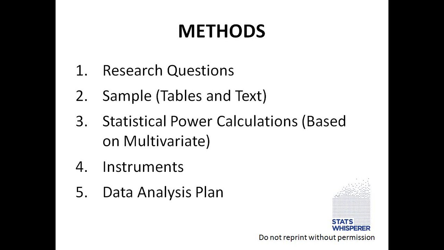Then the sample, right, because we want to provide a description of the sample, and that's often expressed in tables and text statistically. Pardon me, we have our statistical power calculations, right? So that's usually in the methods too, telling us if we have enough people to pick up the effect we're looking for in the statistical analysis.